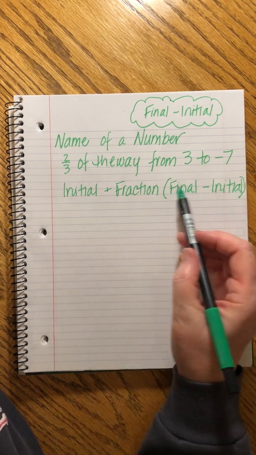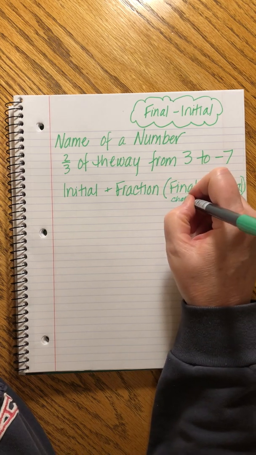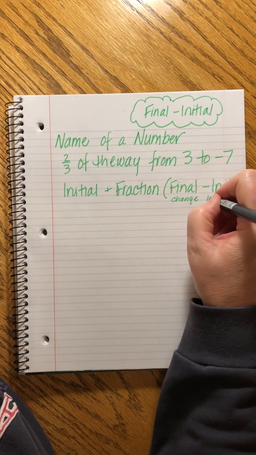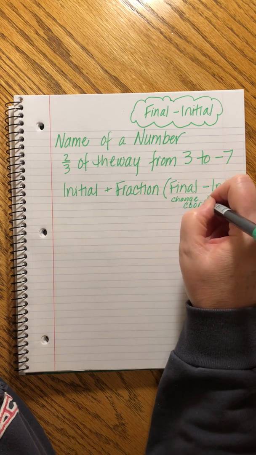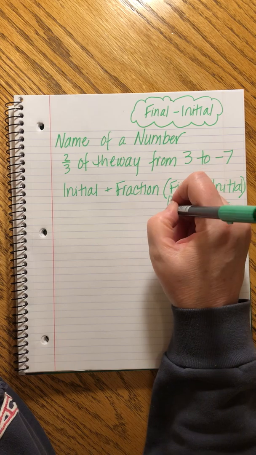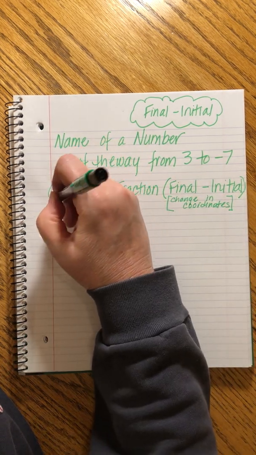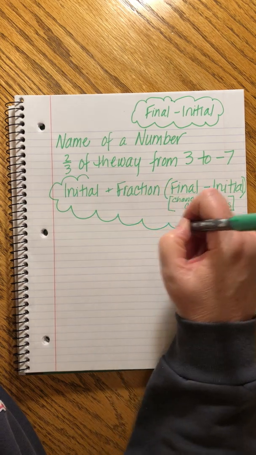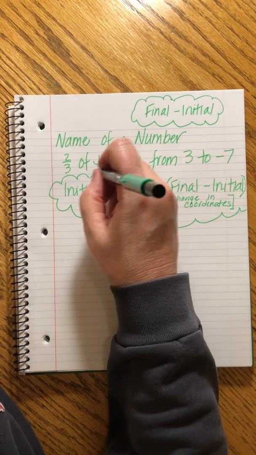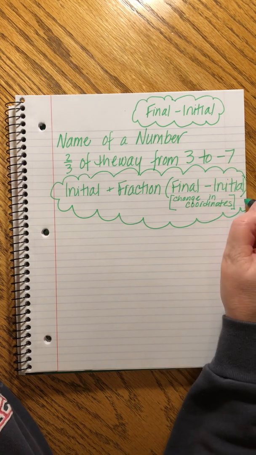Notice that right here, this is our change in coordinates calculation. So we're taking that formula and we're building it into a bigger formula. This is how we find the change in a number. Make sure you put that wherever you're putting your formulas.